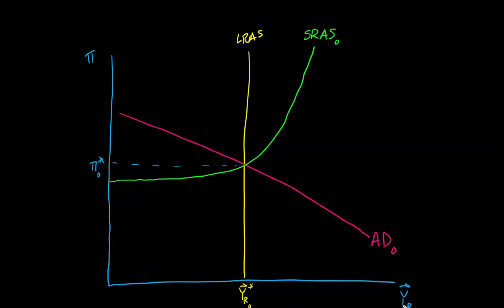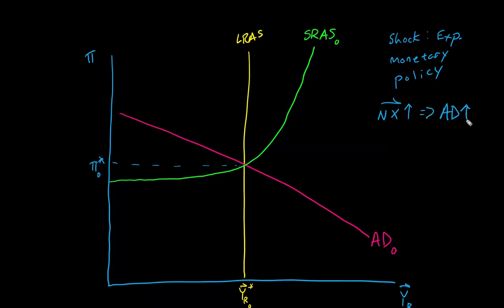All right, so when we have this expansionary monetary policy, we're going to see again our net exports growth rate increasing, which will ultimately lead to the aggregate demand curve increasing.